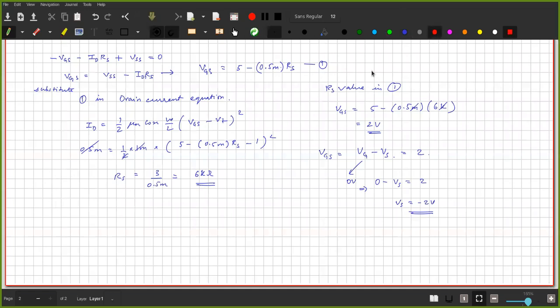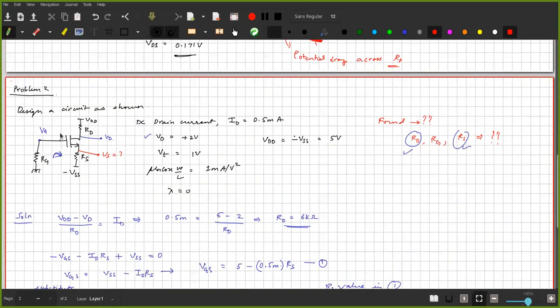Now what is the value of RG? There is no current flowing through RG. This current IG is actually 0.